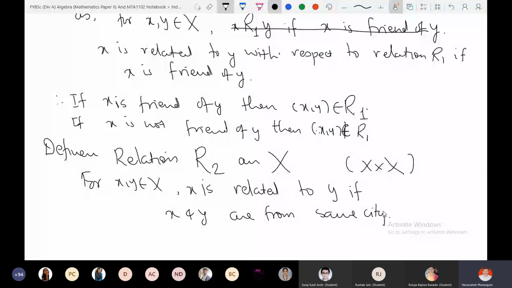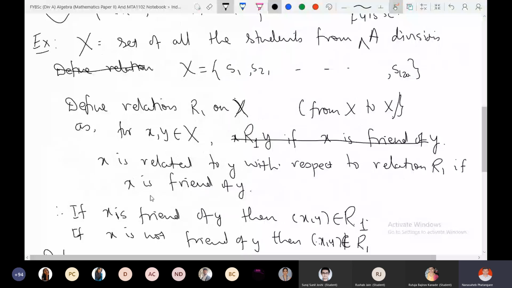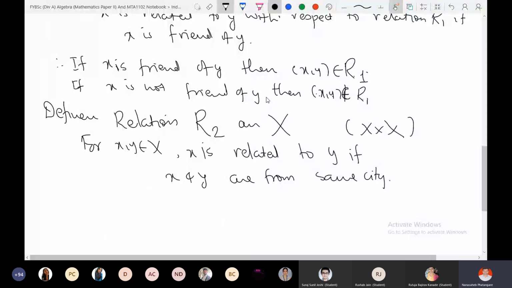So for example, in the A division, some students are from Pune, some students are from Mumbai, some students are from Nasik, some students are maybe from Delhi. So two students are related if they belong to the same city.